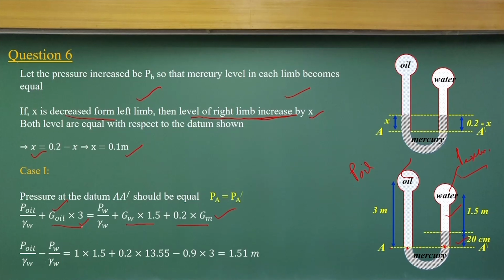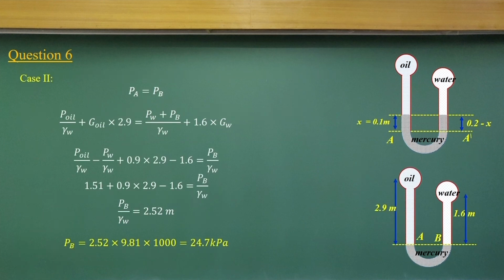Similarly we can multiply it for the water case as well as the mercury case. If we rearrange it, the pressure difference between the oil and the water divided by the unit weight of the water gives this value, which is equal to 1.51 meter. Now the second case is when the mercury levels are at the same level after increasing the pressure at this point.